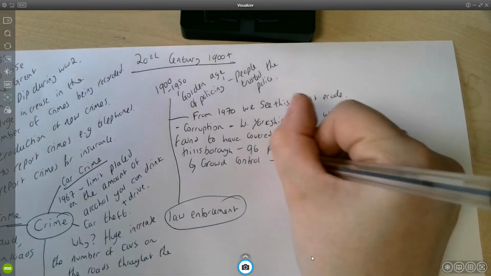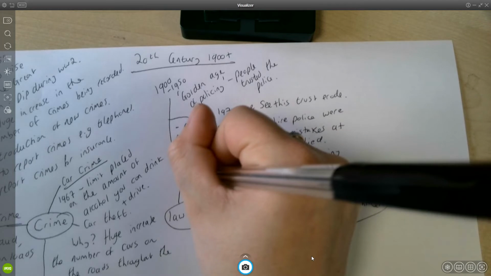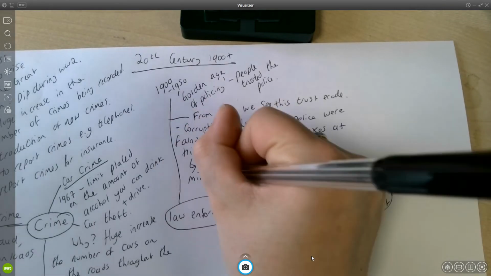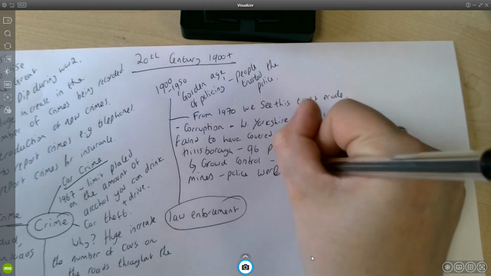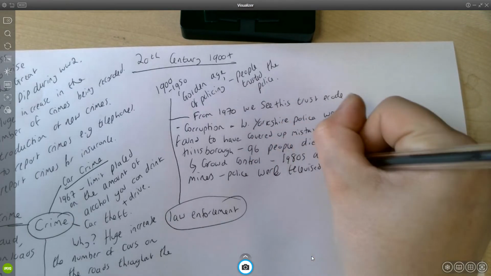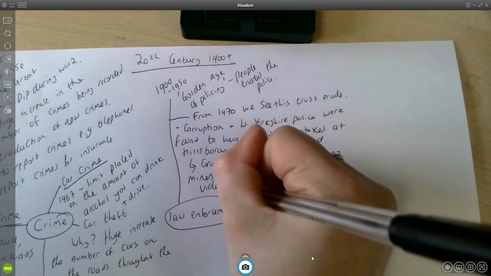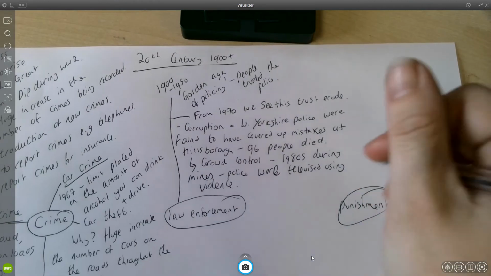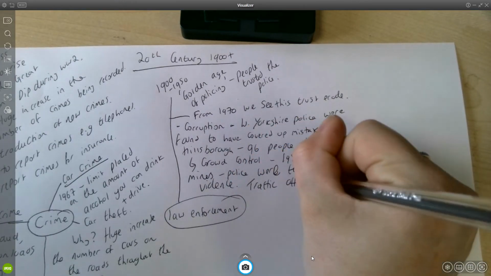So in the 1980s, during the miners' strikes, police were televised using violence. There's also been concerns around traffic offences. So, for example, speeding.